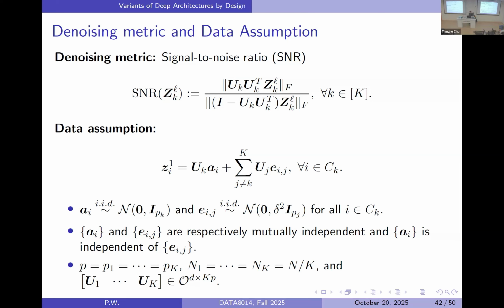And also to further simplify the analysis, we assume the subspace dimension, the latent dimension, to be the same, and the number of samples in each class is n over capital K, okay? And the subspaces U_1 to U_K to be orthogonal to each other. Okay, these assumptions. Any questions?